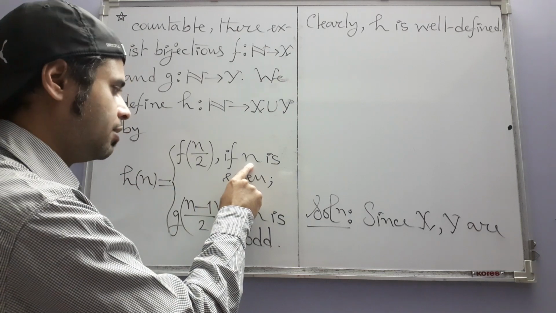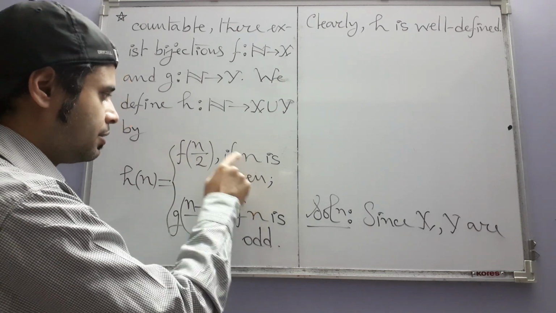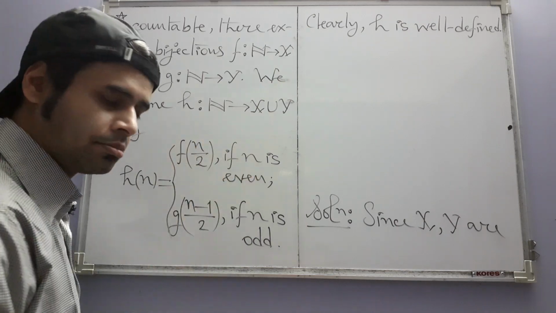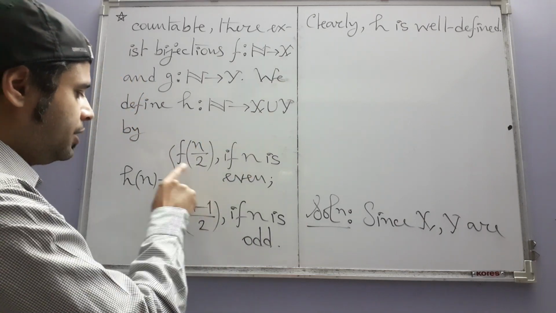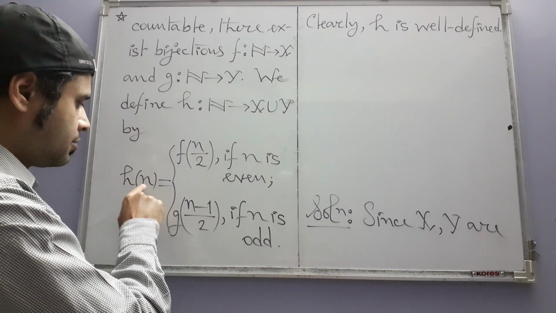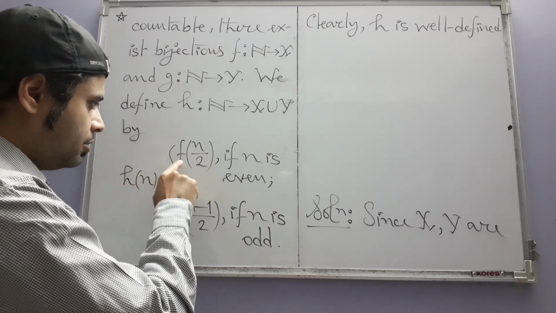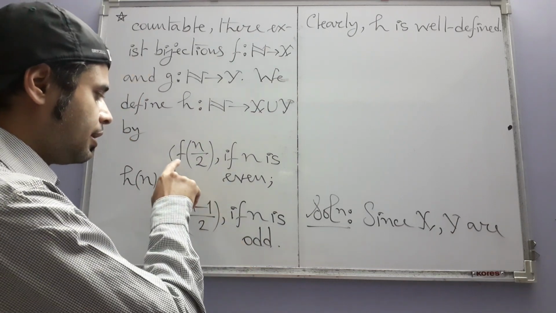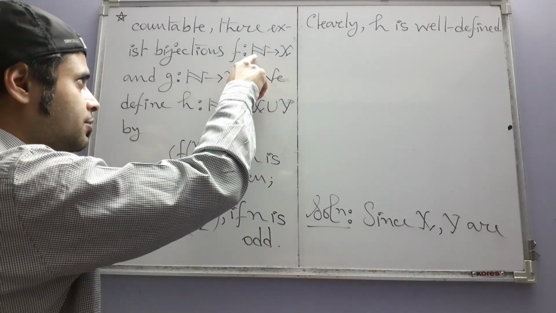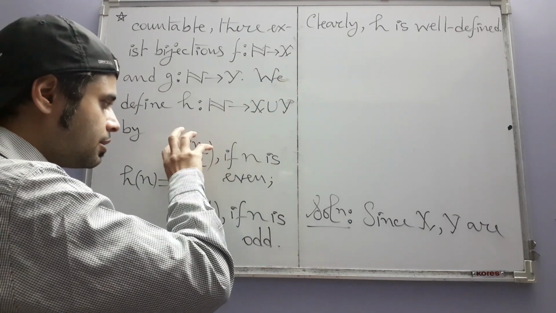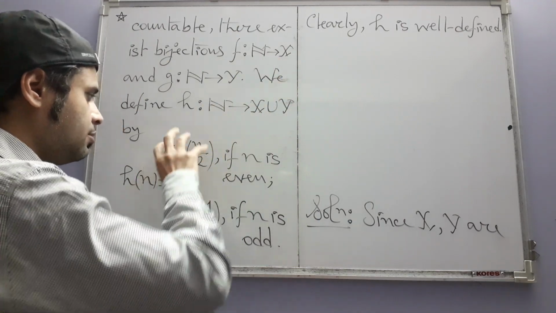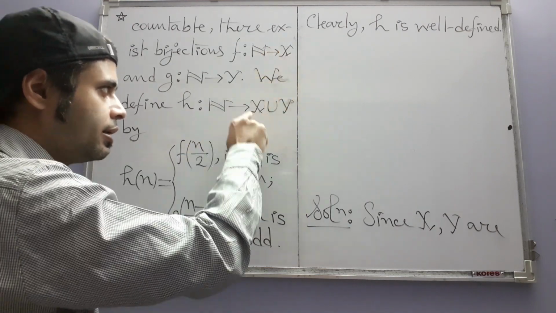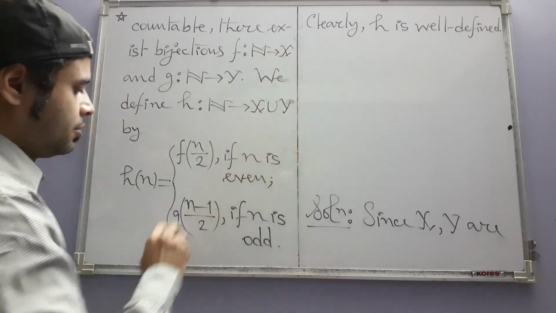Say n is even, then n divided by 2 is itself a natural number, and we are defining in that case h of n to be the f image of n divided by 2, because f itself is a well-defined function from N to X. This is unique. For a given n, this is a unique element in X and hence in X union Y.